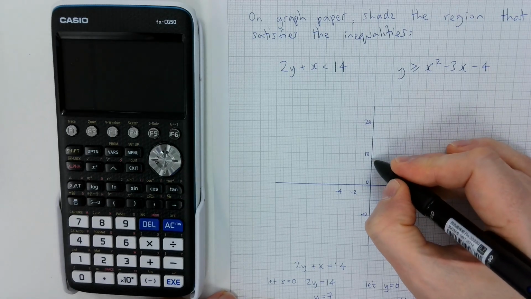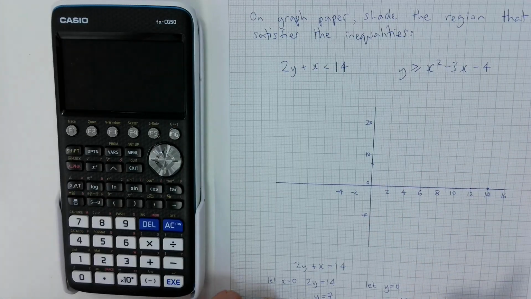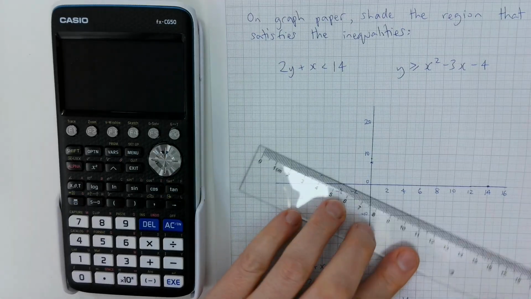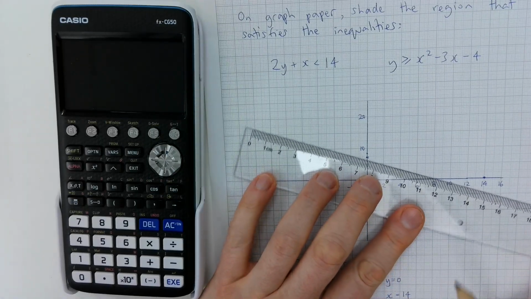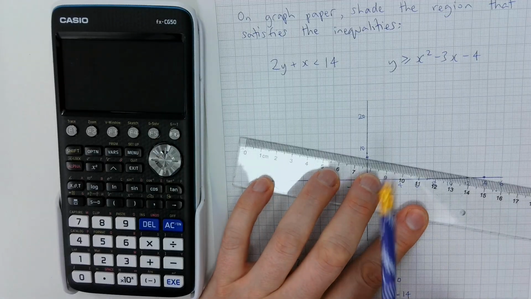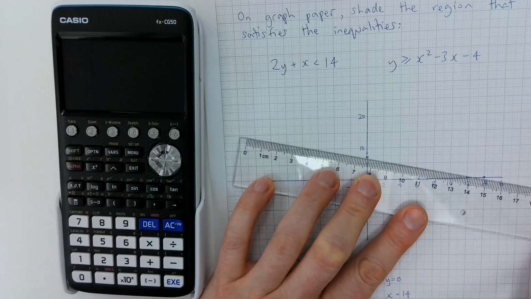0, 7 is, ooh, no, it's about there, isn't it? Let's mark it with a different color so I don't get confused. And then you just join them up. And as Angela very wisely said yesterday, because it is less than, so there's no equal sign, we do need to use a dotted line.